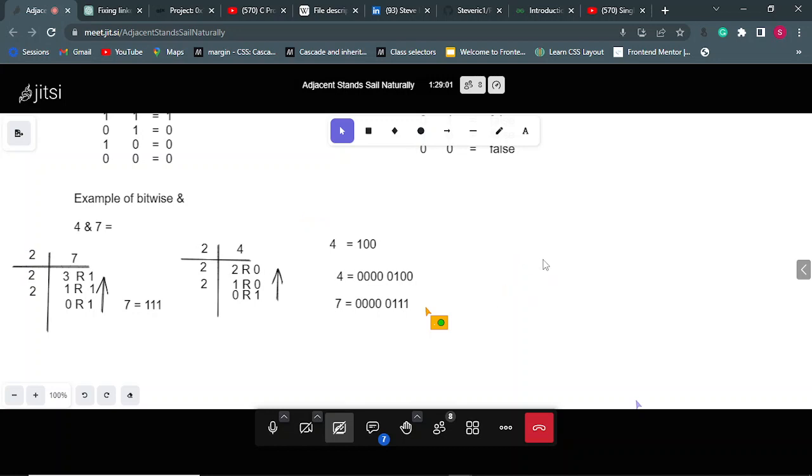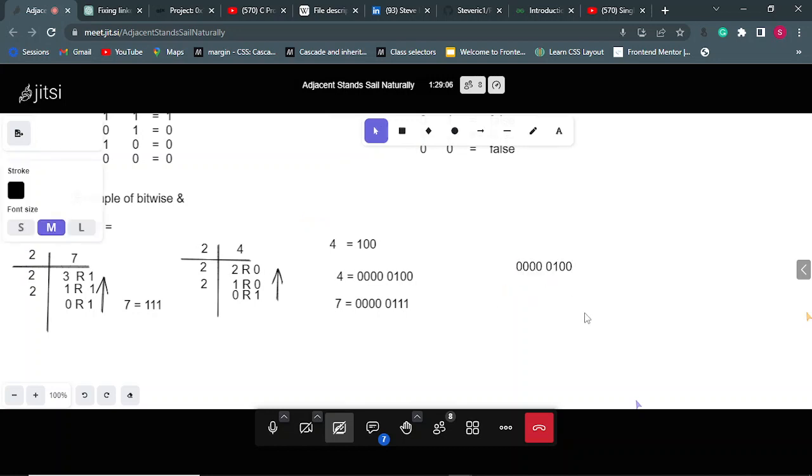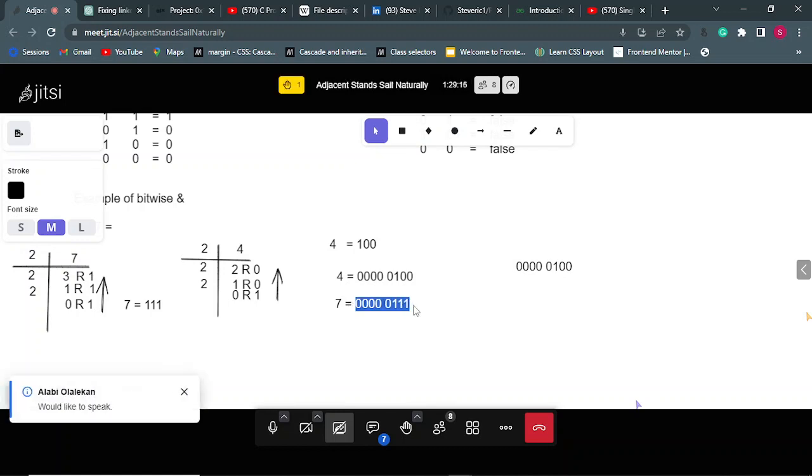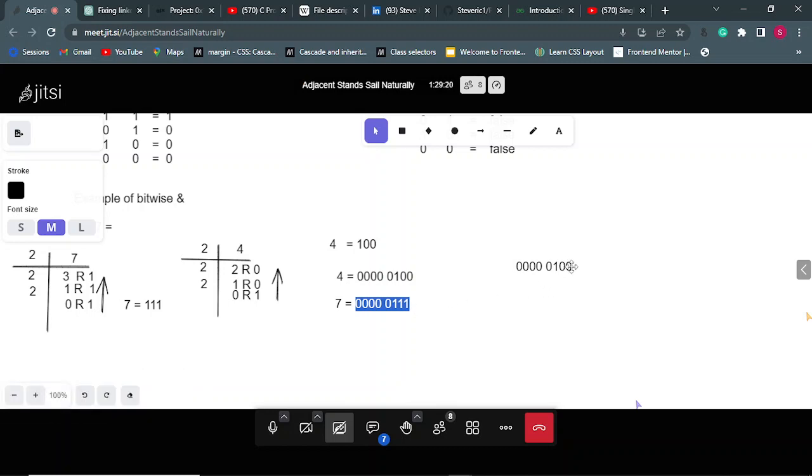Please, can you take your cursor? Thank you. Then I put it here. Do you see here the arithmetic part?